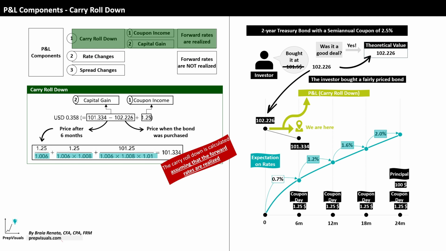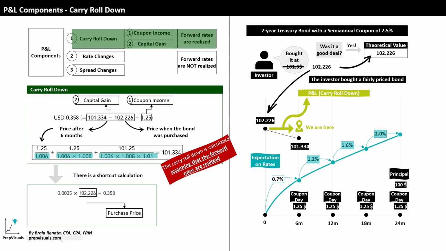And the curriculum is also pointing out that there is a shortcut calculation for the carry rolldown by showing this calculation over here. And as you can see, this is the purchase price, and this value over here is the 6-month forward rate upon purchase. And visually speaking, this value over here is this value in the illustration.